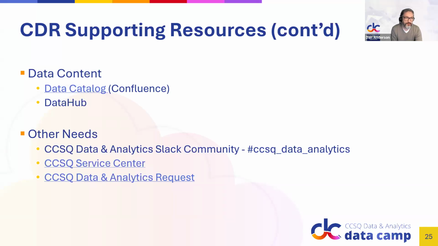And finally, if you happen to have something that you need, but you can't find, you can reach out to CCSQ data and analytics requests. These are typically additional services or features that you've seen that you think should be available and they aren't, or that you'd like to have, or just like to get further information on, and that will trigger that process.